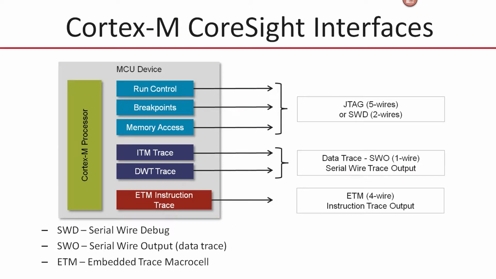And in terms of the pinning access to the different trace units, we can establish our simple basic debug control through two pins, the serial wire debug pins, which are a clock and a serial wire connection. To get access to the standard trace units, the data watch and instrumentation trace, we need one additional pin, which is the serial wire out pin. And then if our device has the ETM fitted, we require an extra 4 pins which are used to flow out the instruction information.